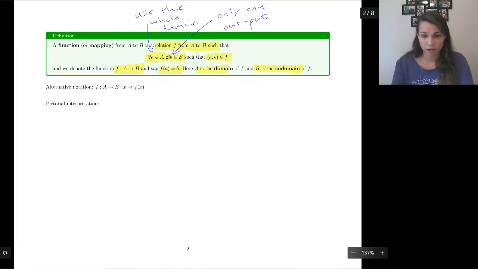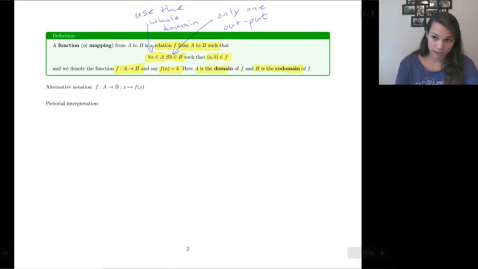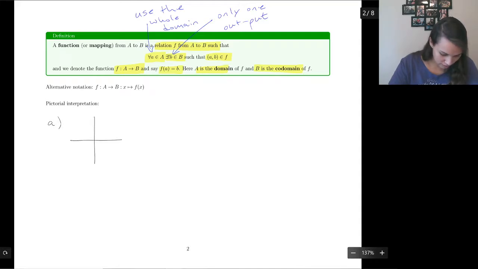Let's do a picture of what this definition would look like real quick. First one, if we have a graph, we'll say here are axes, and then if we have a picture that looks like this, that means right here for 1, we're going to have more than one output.